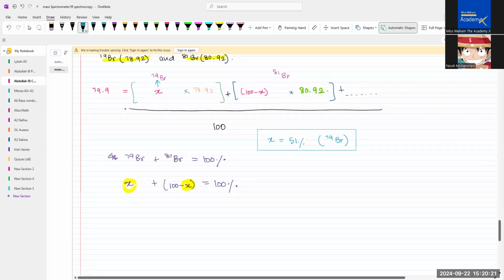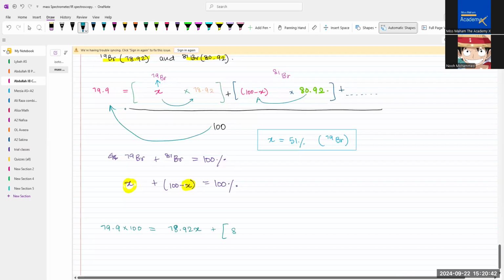So you take 100 to this side. 79.9 into 100 gives us 7990 equals 78.92x. I just multiplied both of these together. Plus, now multiply this as a bracket: 80.92 into 100 minus 80.92x.